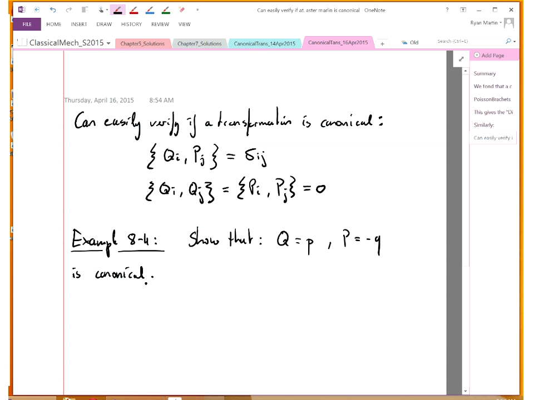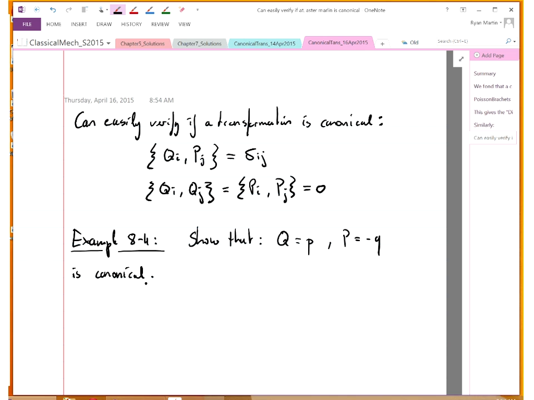So here we have one degree of freedom. Right, so there's only one Q and one P. And the transformation says that the new Q is given by the old P, and the new P is given by negative of the old Q. In fact, that's an example that we did earlier with the generating function.